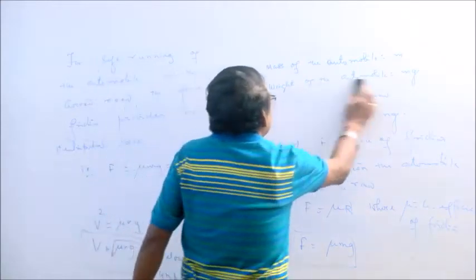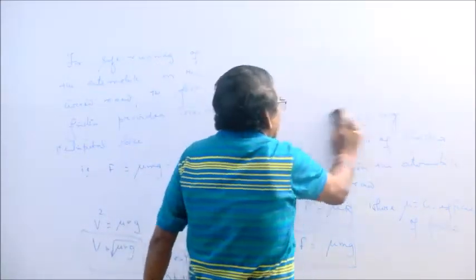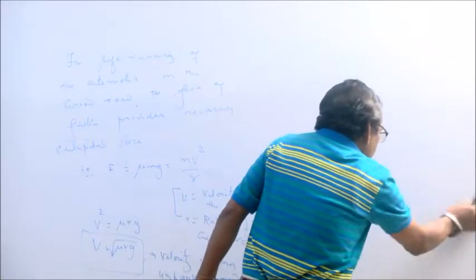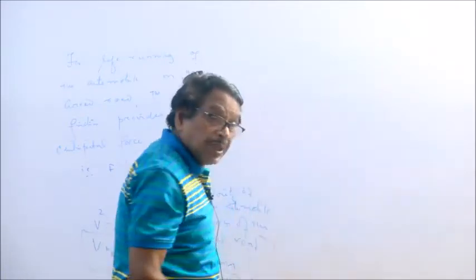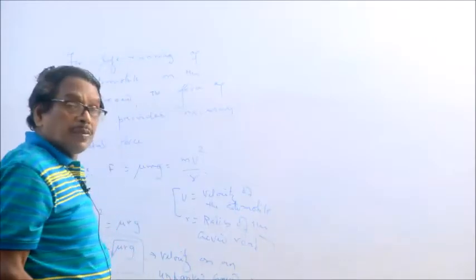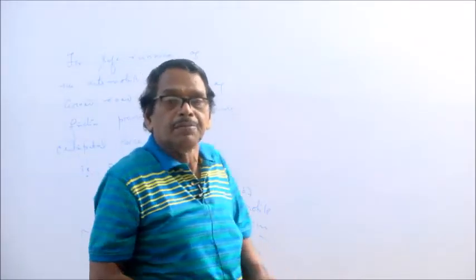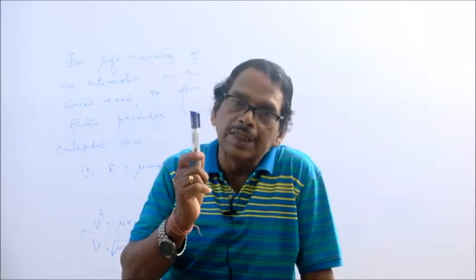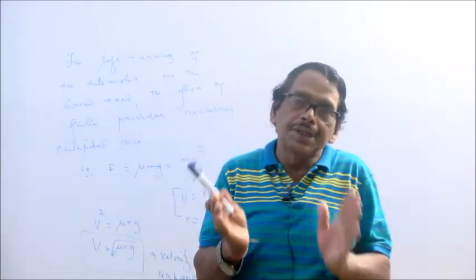As you know, automobiles run with very high velocity. For v to be large, mu must be increased. The coefficient of friction between the road and the automobile must be increased. Frictional force must be increased. But when mu is increased, there will be a lot of wear and tear.